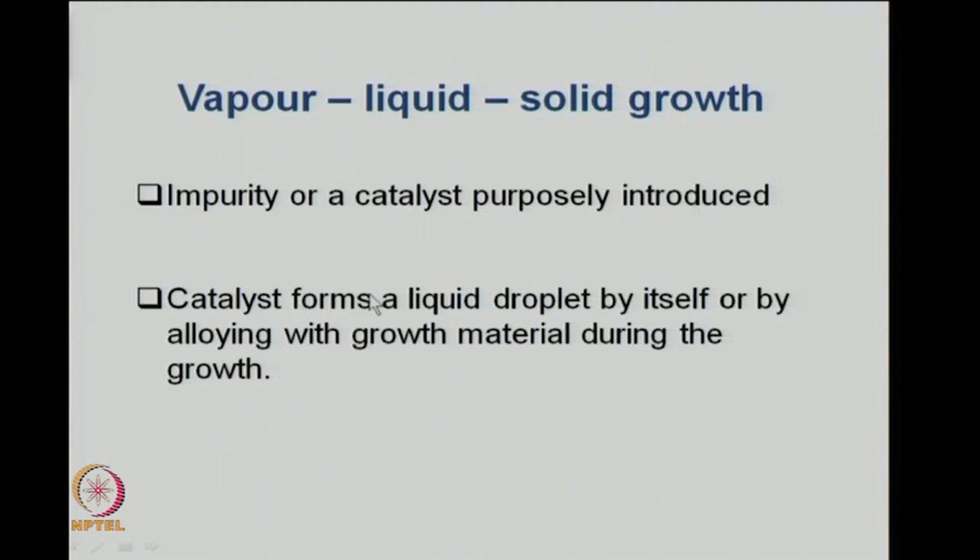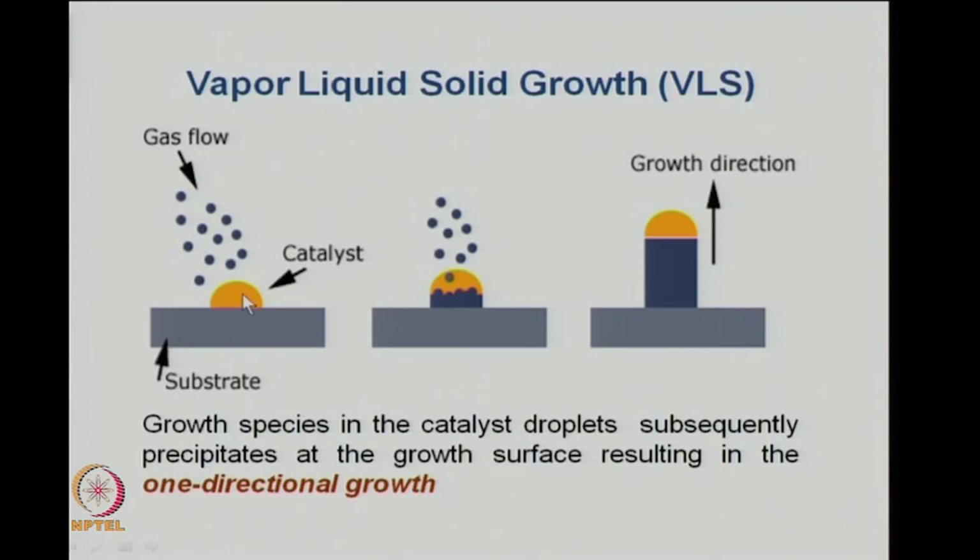The catalyst forms a liquid droplet by itself, as we have shown in the previous slide, or it can form a droplet by alloying with the growth material during the growth, which means that the catalyst can be forming the droplet involving this substrate also.